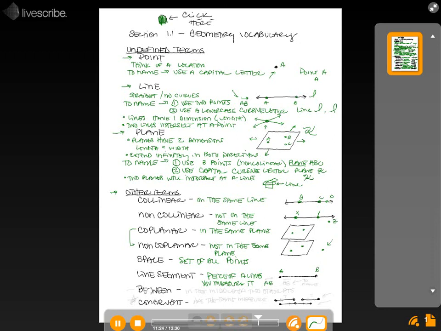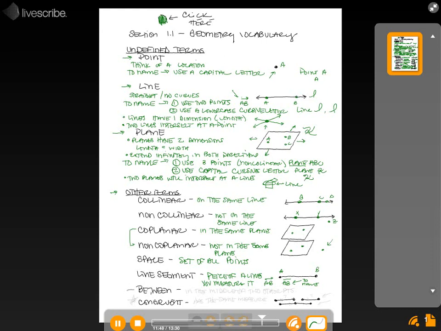Remember, for a line, we put the little arrows above it. For a line segment, we don't. We just draw a line above it. So that's important, because those are very similar, how to name a line and a line segment. So make sure you understand that. A line segment is just a piece of a line, and we use a little line segment above it.